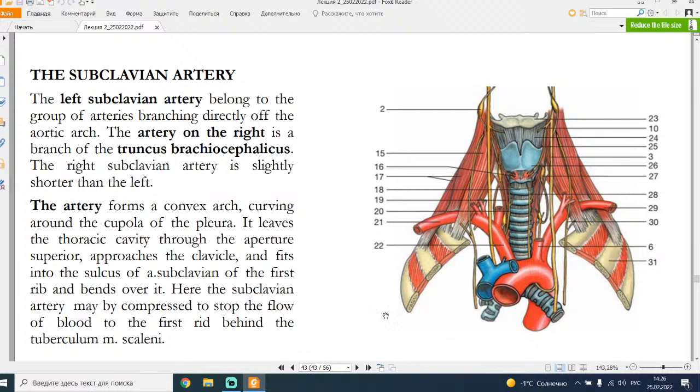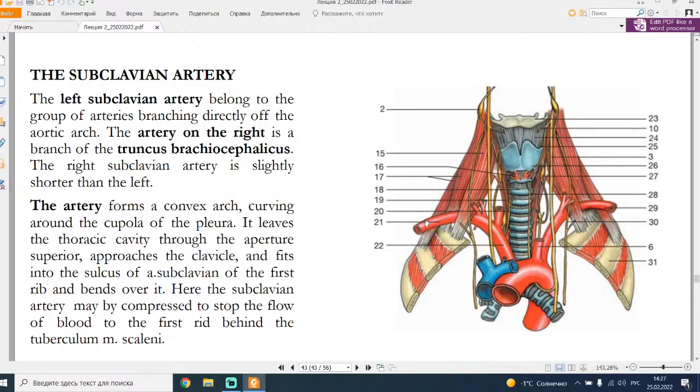covering around the cupola of the pleura. It leaves the thoracic cavity through the superior aperture, approaches the clavicle, and lies in the sulcus of the subclavian artery on the first rib, and bends over it.